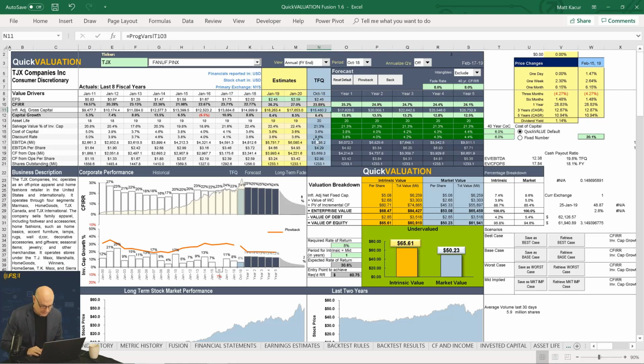And then we have to do a forecast, and that's this dark blue, and then this long-term section here. This is separated into two forecast periods. The first is the first 5 years. And then we say in the long run, companies return to the long run cost of capital, or the rate that companies generally earn in the long run.